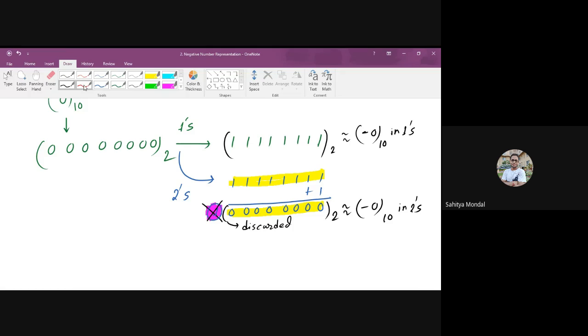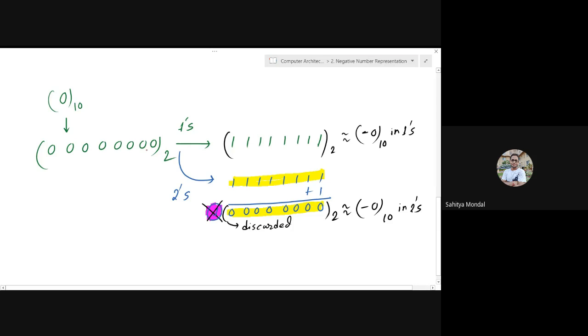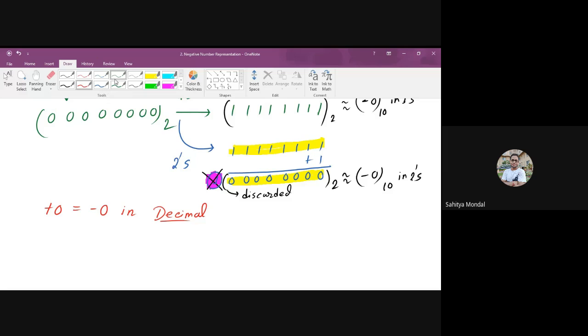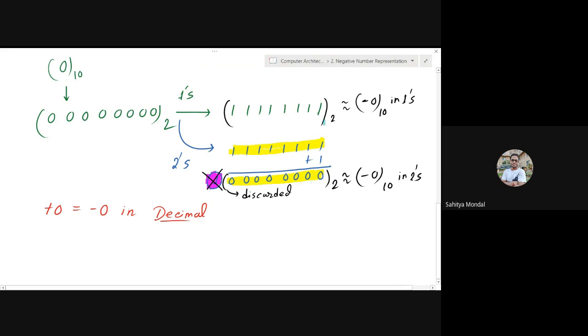Now tell me, in your decimal mathematics, is +0 equal to -0 or not? In decimal. Yes, sir. In decimal, +0 and -0 are the same. Now the question is, if you make a system using the 1's complement method, what will be the problem? +0 and -0 are two different entities.